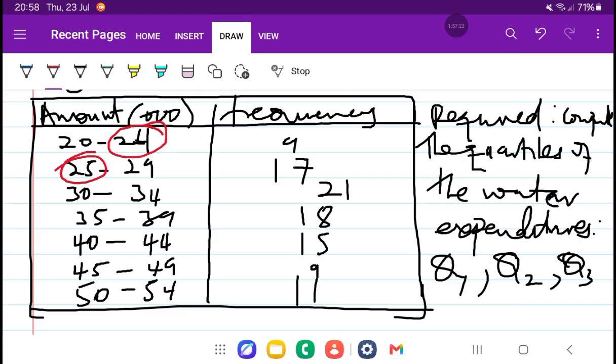If I get this 29 and 30, I'll get what will come here. This and this, I get what will come here. This and this here. This and this here.